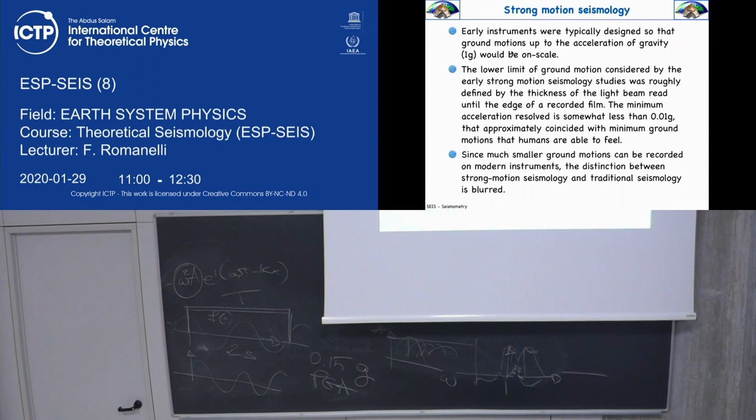But also for instrumental reasons it was the tiniest amplitude that could be recorded on an accelerometer in the 70s. Because actually it was the lowest one going beyond noise that you can measure on photographic paper or on a drum of paper, and the lower one was approximately 0.01G. So classically, strong motion seismology is taking care of motions between 0.01 and 1G.